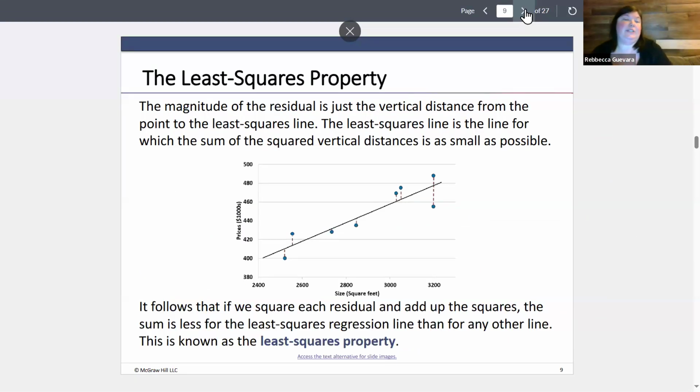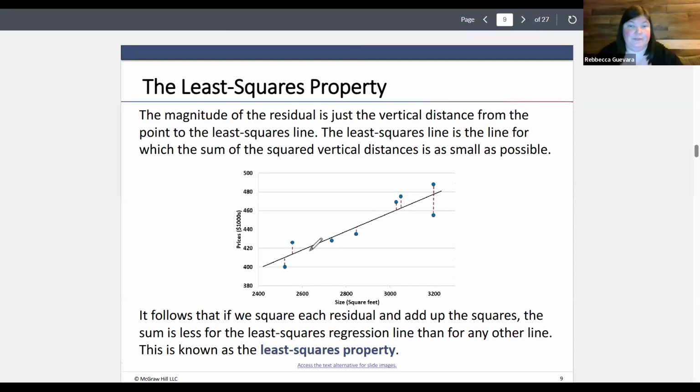So least squares property. The magnitude of a residual is just the vertical distance from the point to the least squares line. So all these little vertical lines here are different residuals. The least squares line is a line in which the sum of the squared vertical distances is as small as possible. So basically we want one that has the least amount of residual.